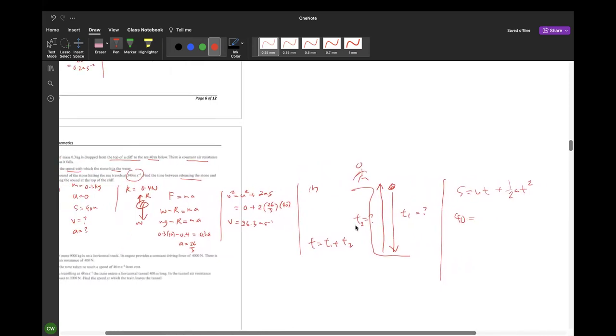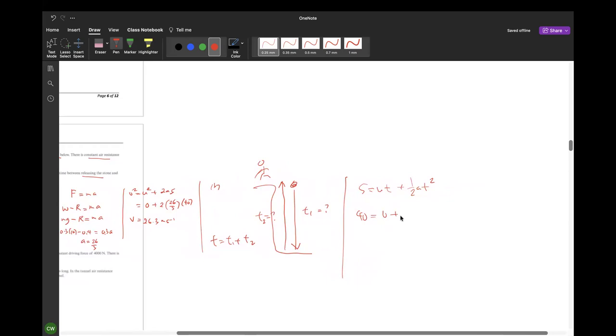Going down, initial speed is 0. A is 26/3. What is the time taken? We have 40, we have 26 over 3. We can divide. 3.04.